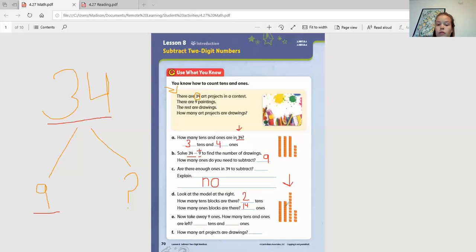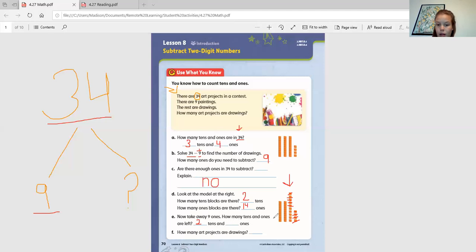So now, if we have 14 ones, we have enough to take 9 away. So now we're going to take away 9 ones and see how many are left. Let's cross them out as we take them away. 1, 2, 3, 4, 5, 6, 7, 8, 9. So I took away my 9 ones. I still have my 2 tens left.